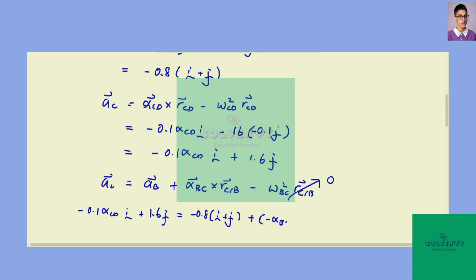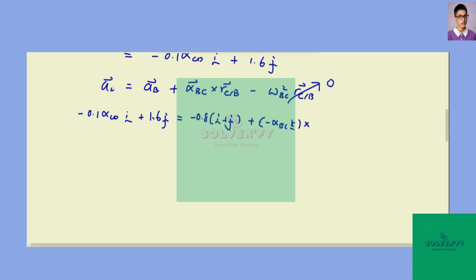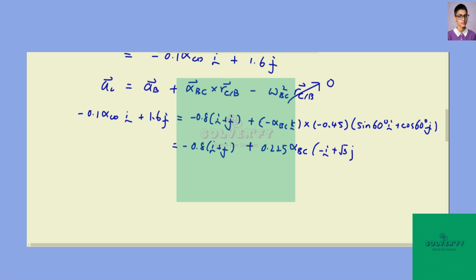cross the position vector of C relative to B. Then just keep doing the same, and then you group the terms of the same component.